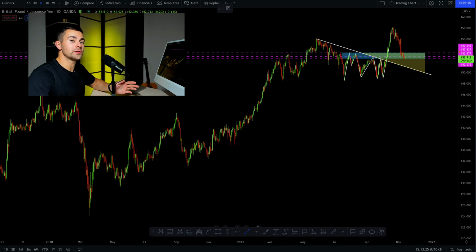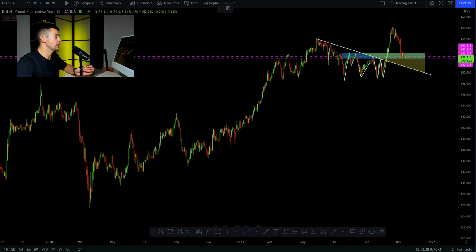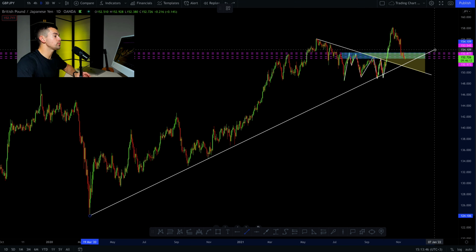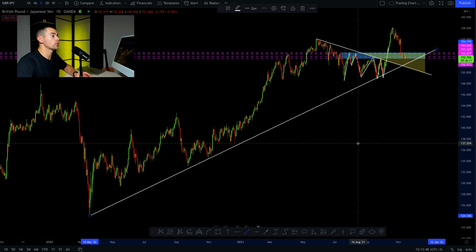So what I did right here, I zoomed out the chart. Here on pound yen, now we will analyze the price action during the last 2 years. For us, here it is a very important thing to note. If we take our structure low, the low of 2020, and from that, if we try to draw a trend line, we may spot right here this major rising trend line.